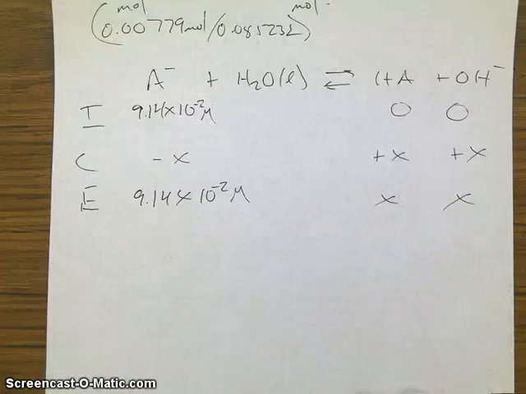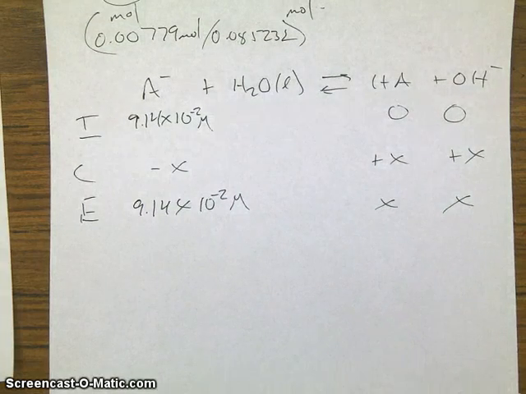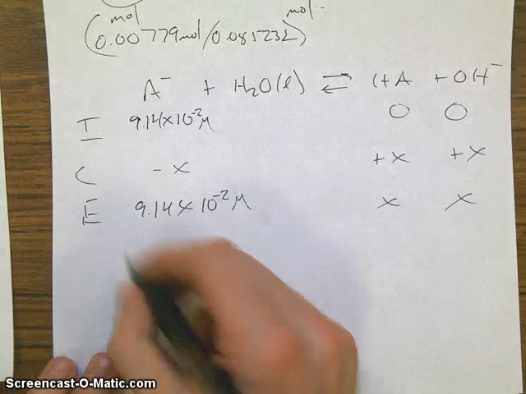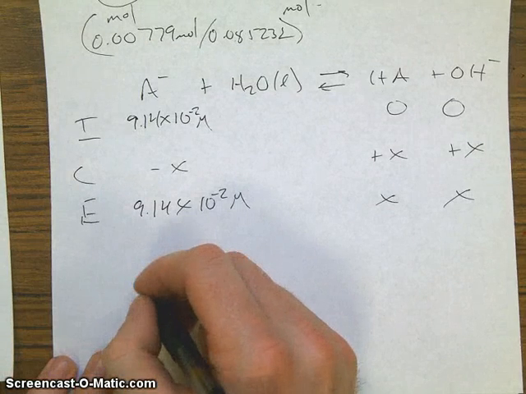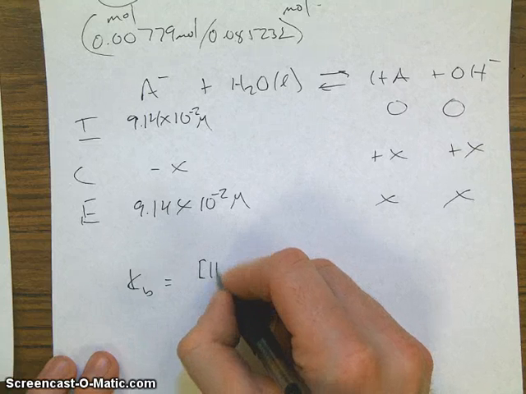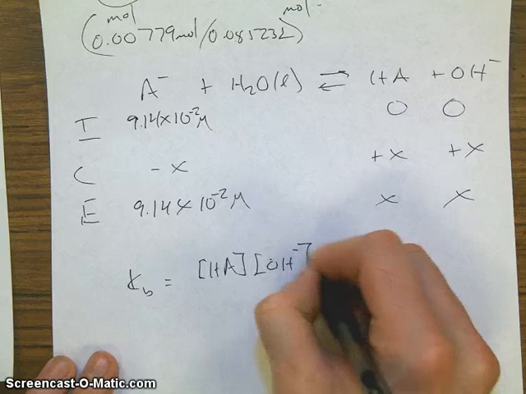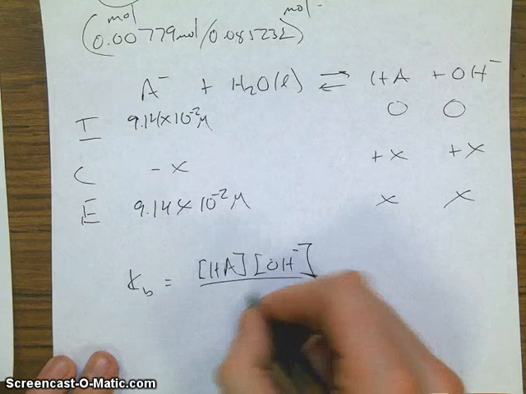So the question is asking for what's the pH of the solution. This actually requires a couple of different steps. First off, we know that Kb is equal to HA times OH-, which is this reaction right here, over A-.